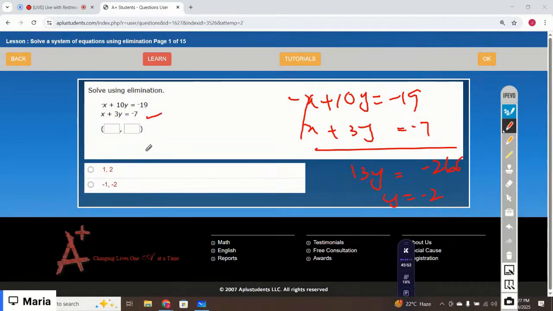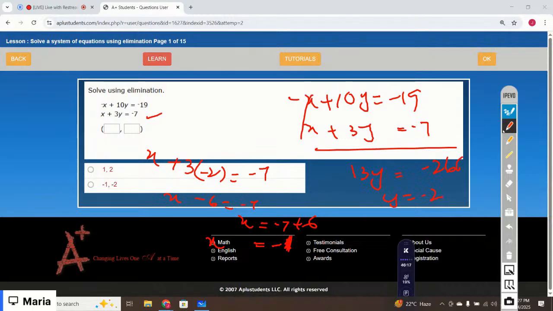I'm going to use the second equation: x plus 3 times negative 2 equals negative 7. So x minus 6 equals negative 7. x equals negative 7 plus 6, that is negative 1. So x equals negative 1 and y equals negative 2.